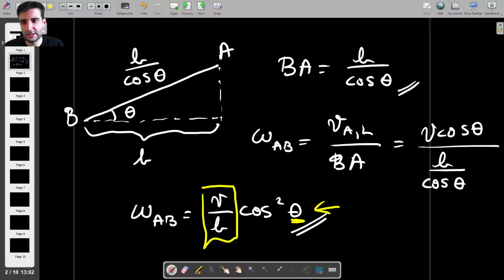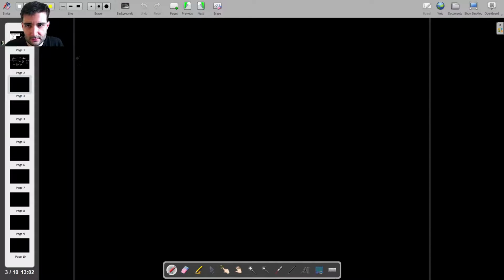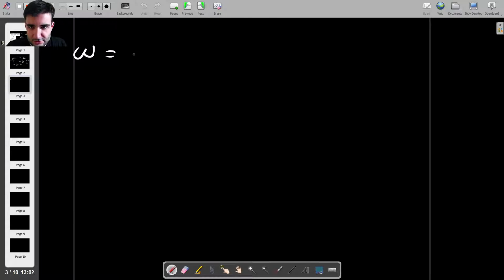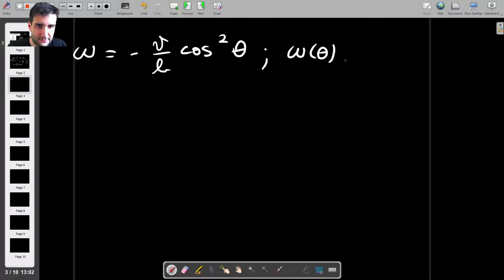So what I'll do is I won't just write omega like that, I'll put a minus in front of it, just to illustrate the fact that omega is producing a clockwise rotation, right? So we found omega as a function of theta as minus v over b cos squared of theta, right?